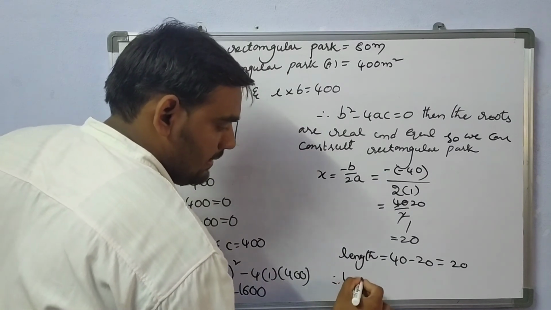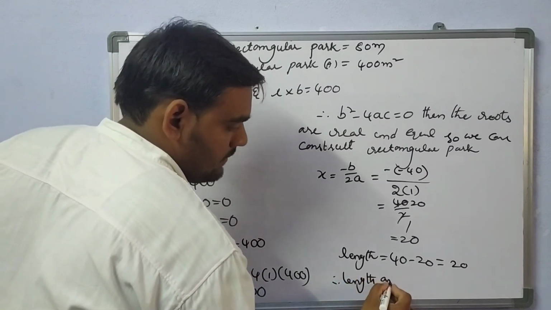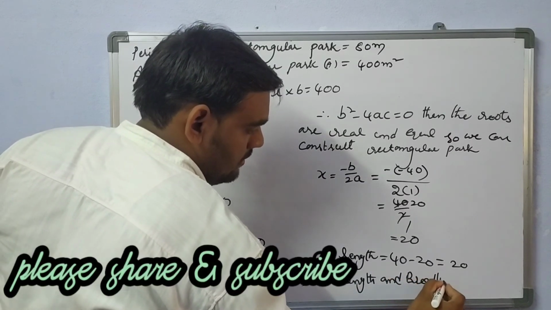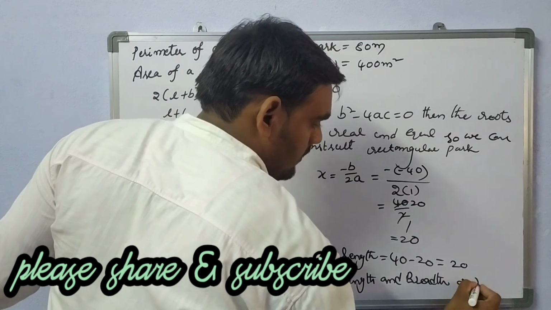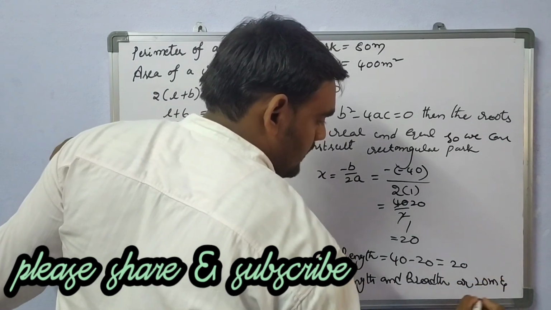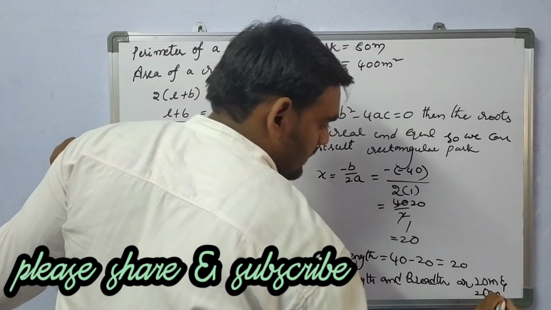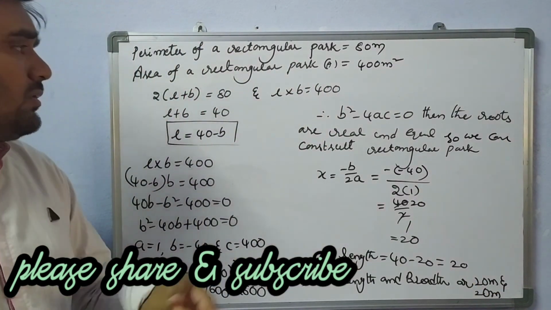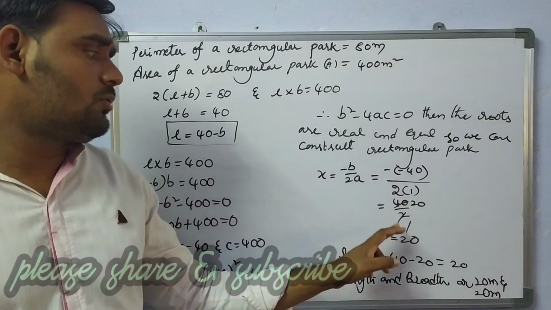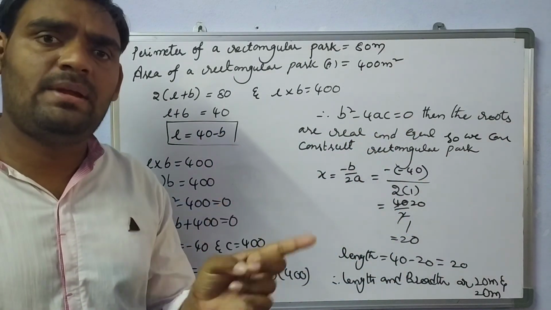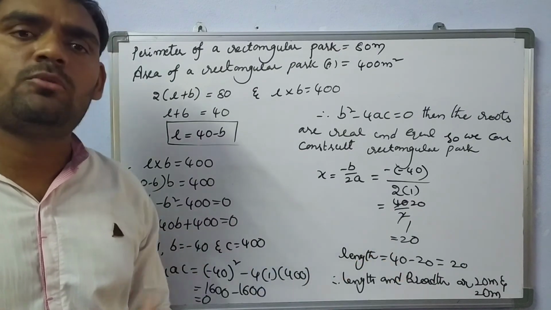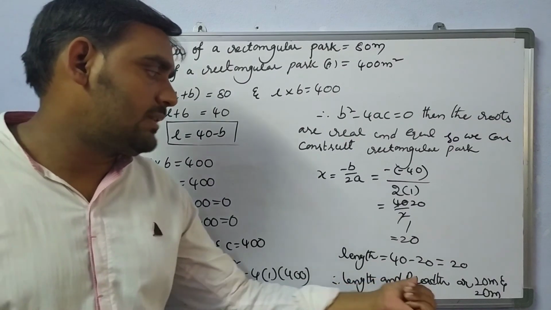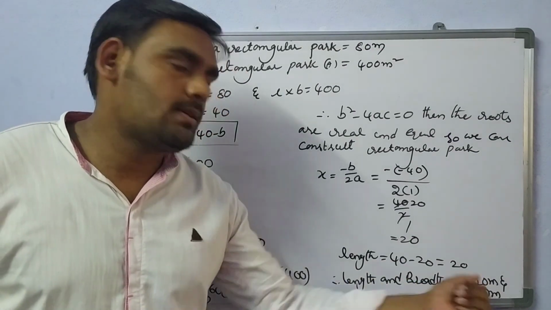Therefore, length and breadth are 20 meters and 20 meters. Or else, even if you don't find the length, here the roots are real and equal. One root is 20 meters, meaning one dimension of the rectangle is 20 meters, and automatically the other dimension is also 20 meters only. So the length and breadth of the rectangular park are 20 meters and 20 meters.